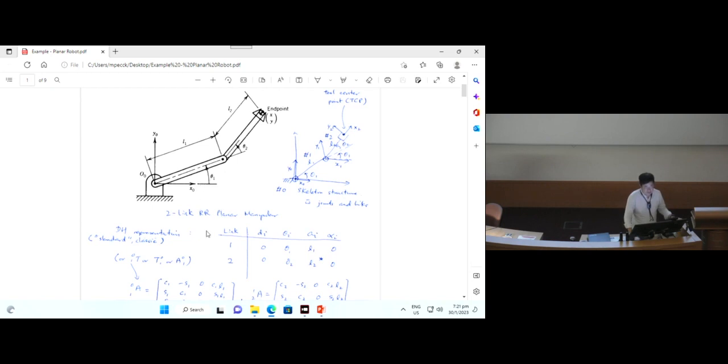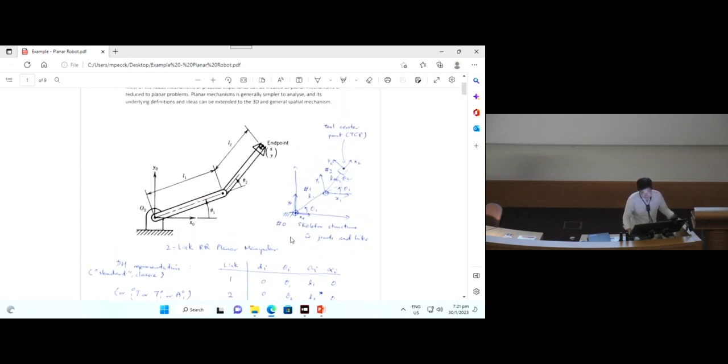So this is known as an RR planar manipulator. It's on the XY plane, with 2 links, meaning that you have one link and another link over here. The RR refers to revolute joints. You may come across a lot of these terms when people describe different manipulators.